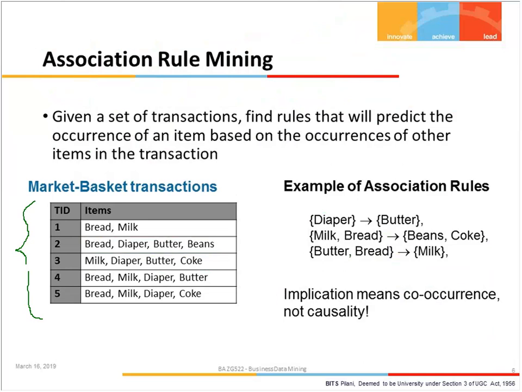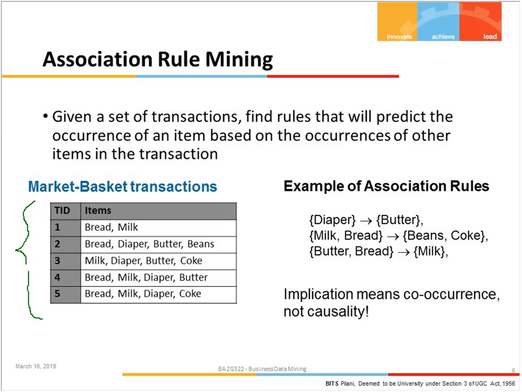So now these are the 5 transactions. We have taken a very simple data set in order to do the calculations easily in the class. Having got these 5 transactions, we will start looking at the associations.